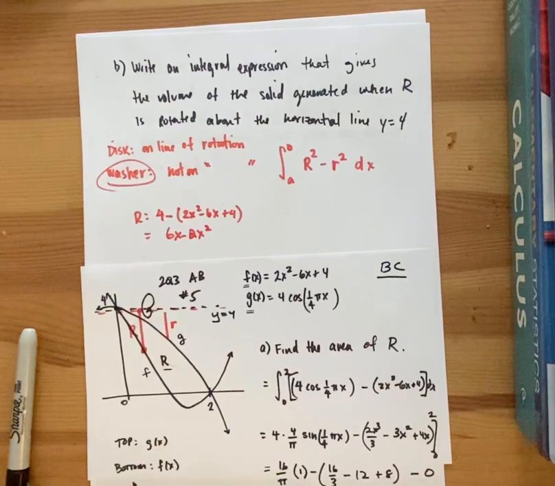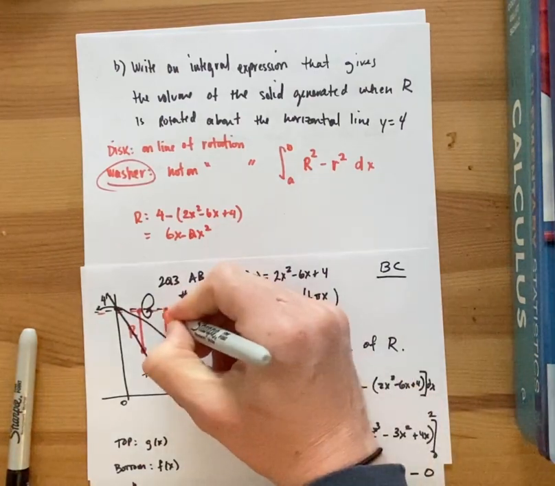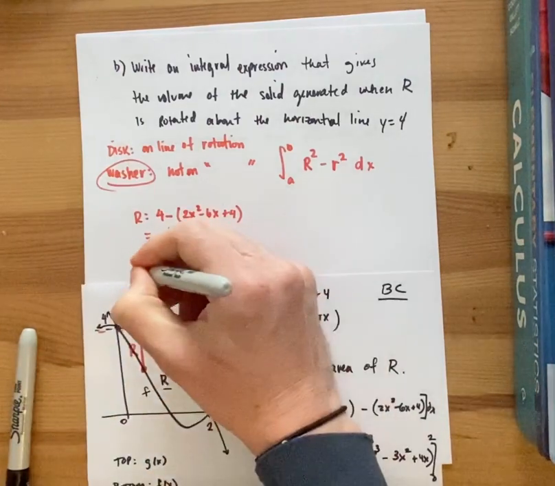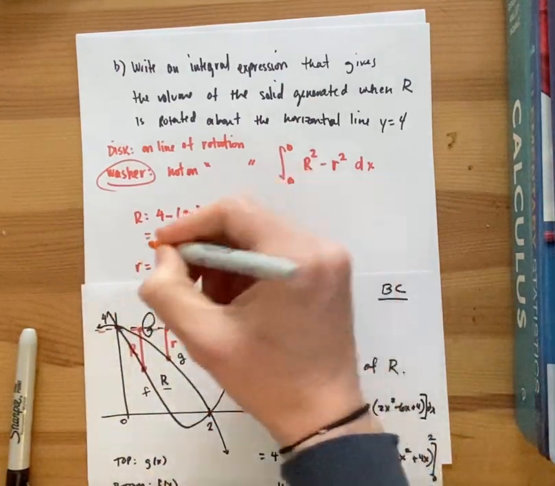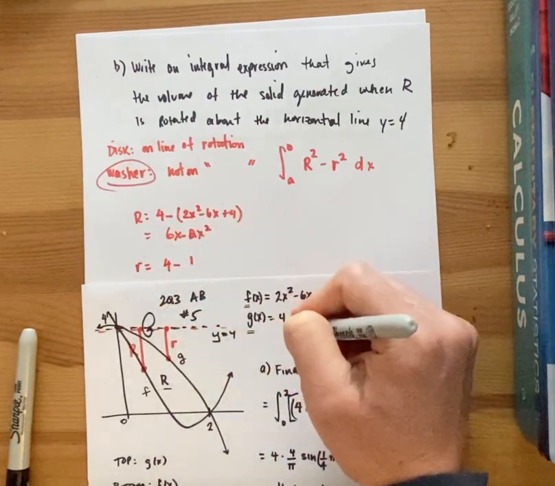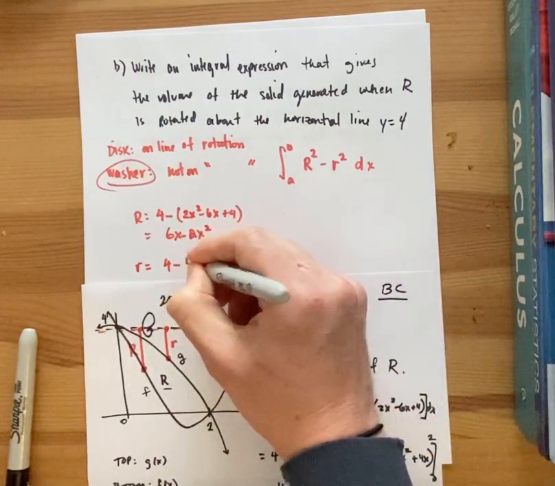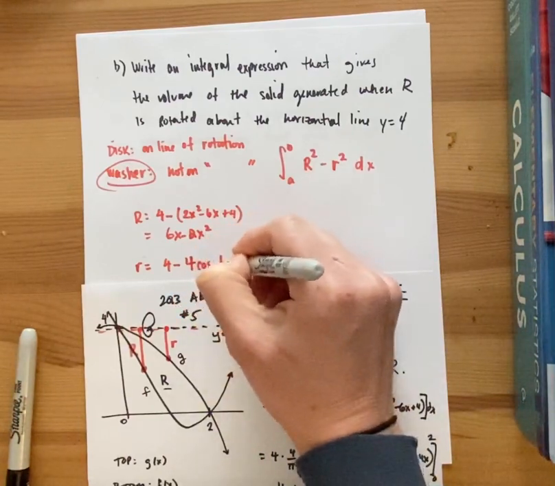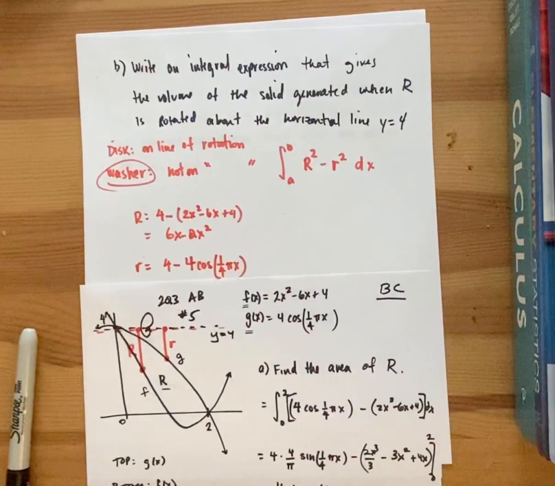Okay, so that would be our big radius. Our small radius is going to be from this line of rotation to that first curve it hits, or g of x. So our small radius is going to be 4 minus the 4 cosine 1/4 pi x.